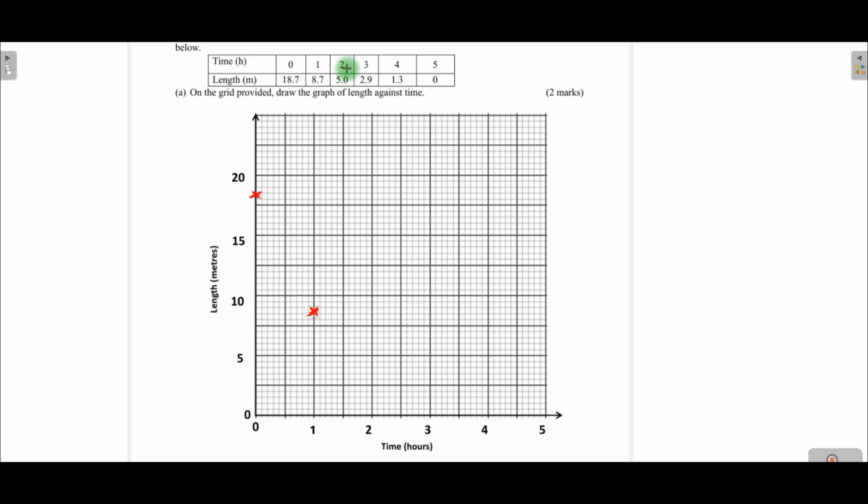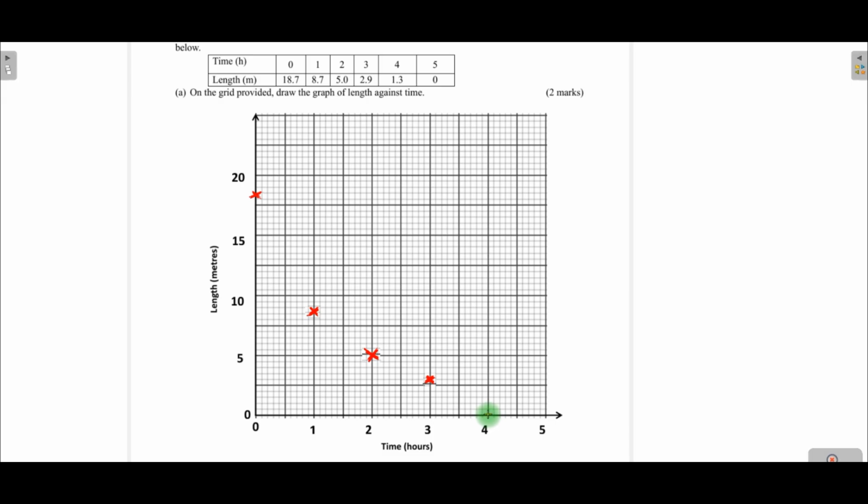Then when time is 2, length is 5. So this is exactly 5. When time is 3, length is 2.9. So from here we have 0, 1, 2, 3. It's roughly near 3. So that's the point. When x is 4, that is time is 4, y is 1.3.